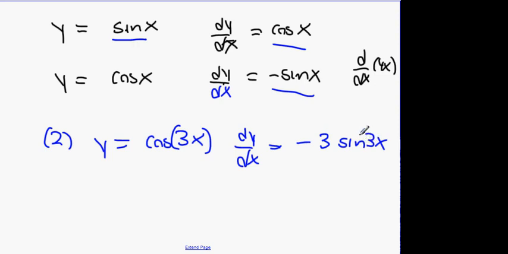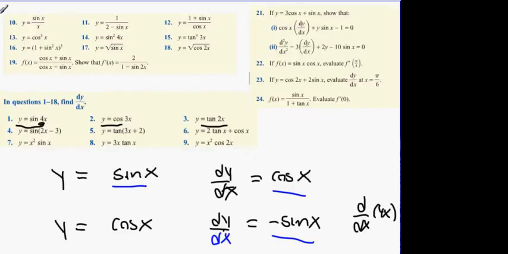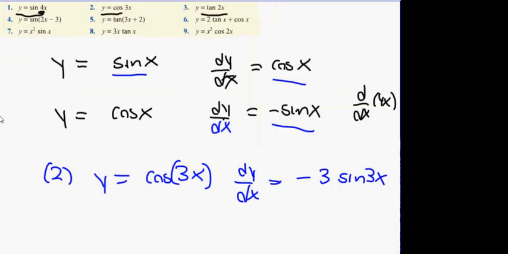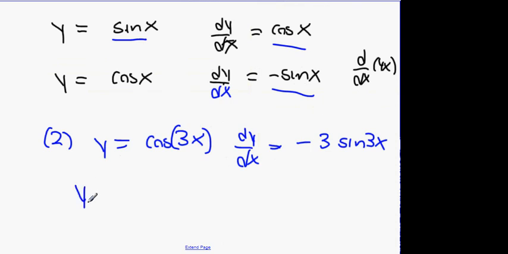Alright, guys. Now, just want to have a quick look at the other questions. See if there's anything more difficult. Okay, there's nothing too much more difficult there, right? We'll try another one. Y equals cos 4x minus 5.